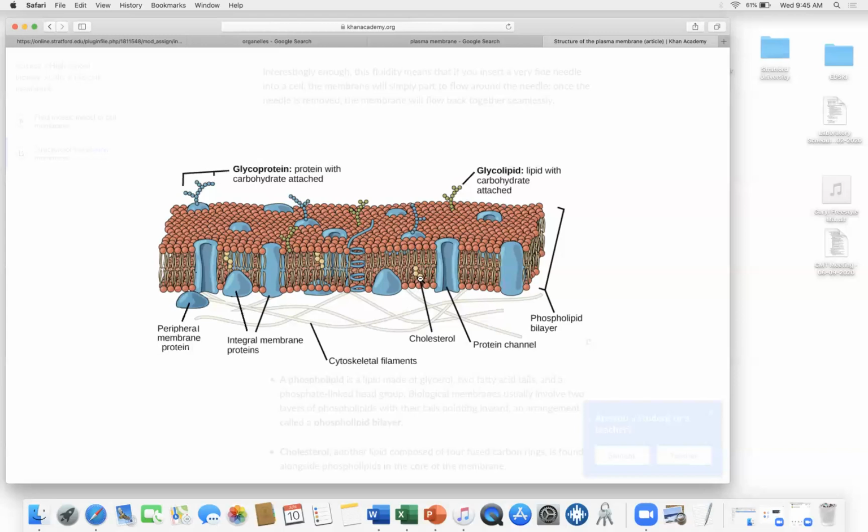Now, let's mention cholesterol here, because I have to mention what we all know as the good cholesterol or the bad cholesterol. You could see here there's cholesterol embedded naturally within, but there are also protein channels, and cholesterol is actually a way to get fat in and out of your body.